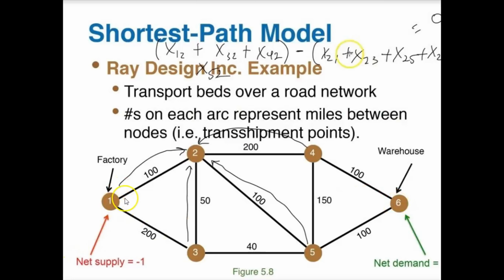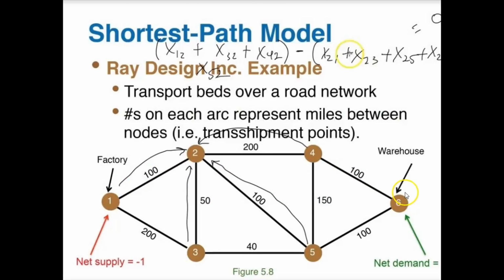So that means the movement from point 1 to point 6 will cost about $400, which cannot be compared if I decide to take this path from node 1 to node 3, that is $200. Node 3 to node 5, that's $40. Node 5 to node 6, that's $100, which would be $340, compared to spending $400 from the path here.